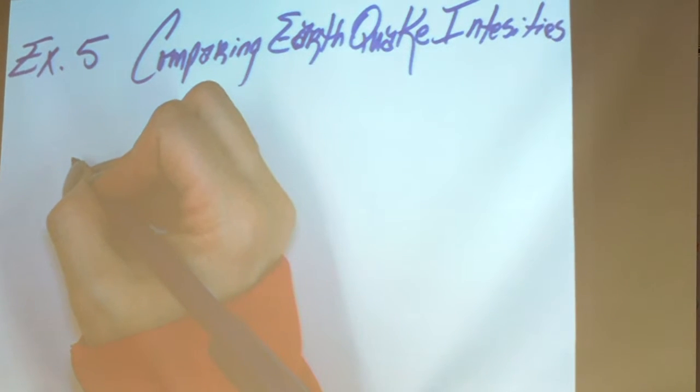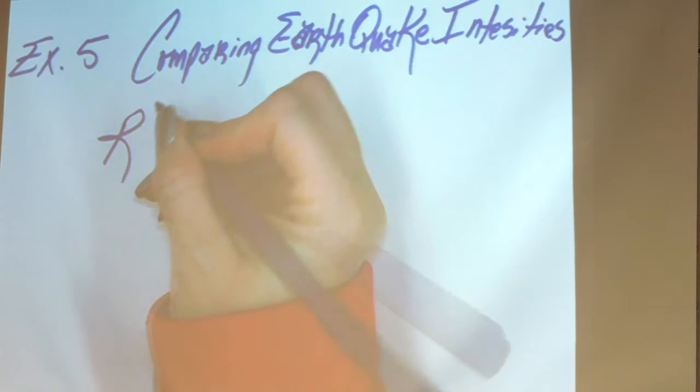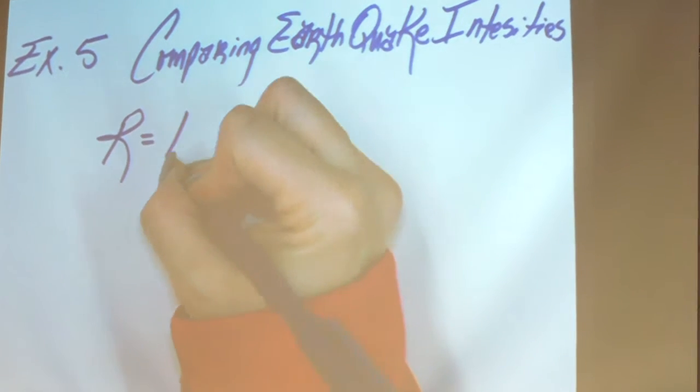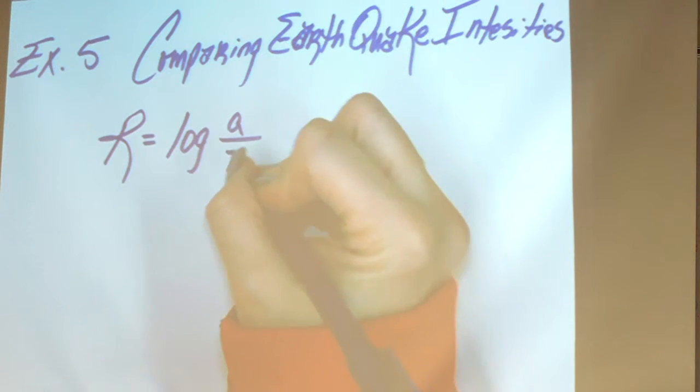So they give you this formula for how they calculate what magnitude something is on the Richter scale. And the formula is R equals log A over T plus B.